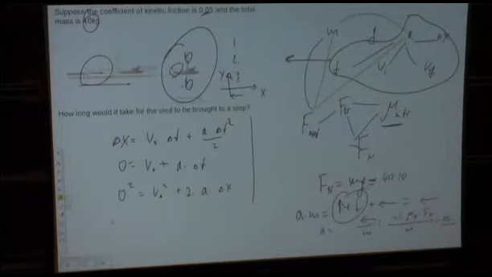It's getting canceled, but still. So it's m over m times 10. So it turns out the acceleration equals -0.5 meters per second squared.